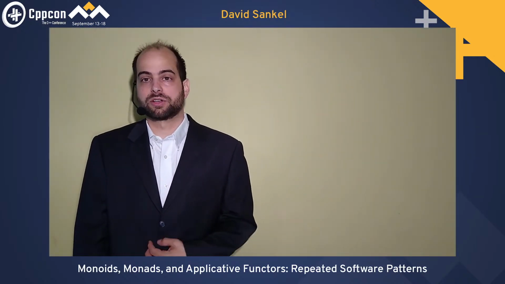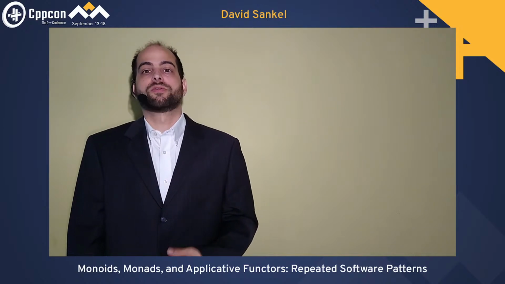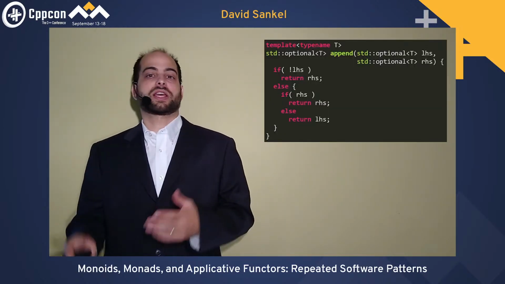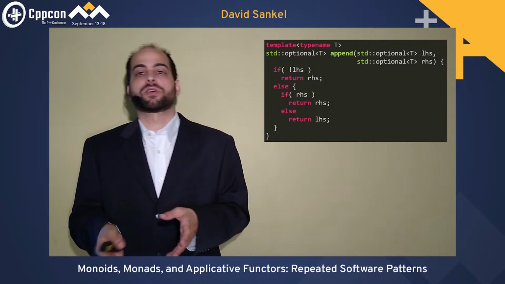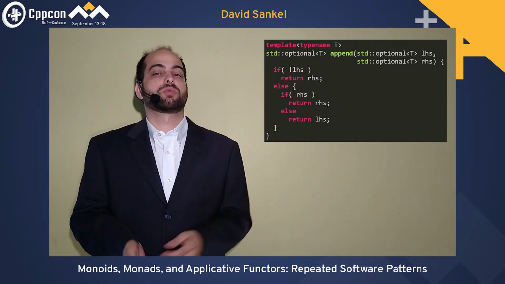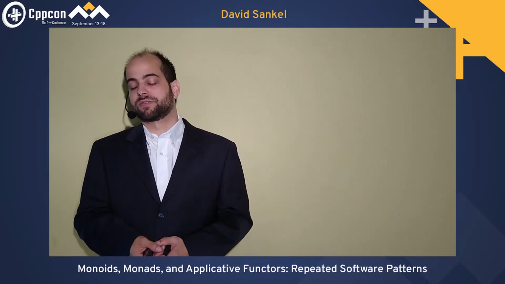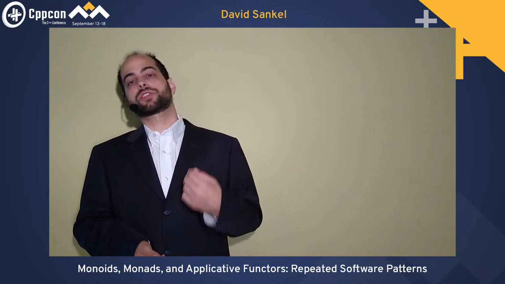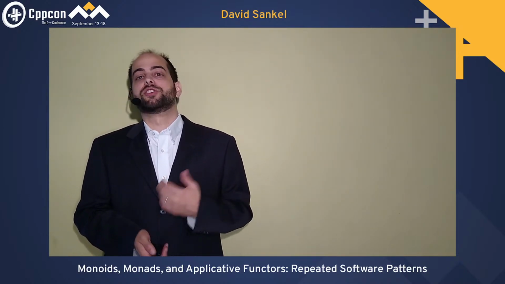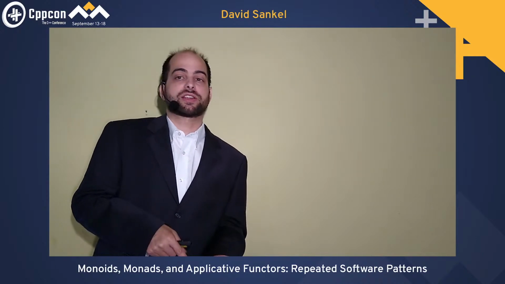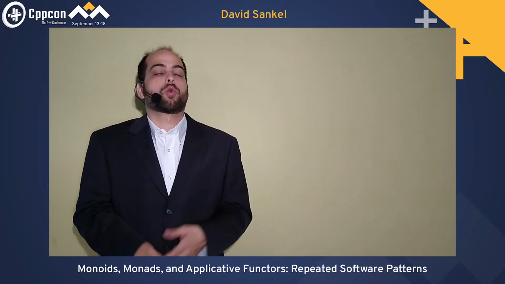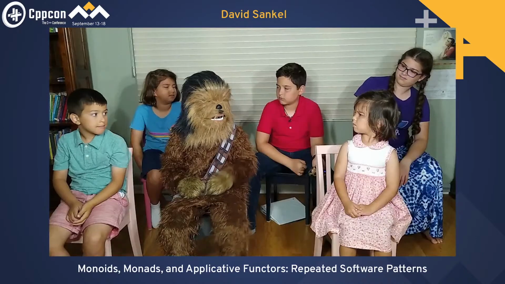Now, another std::optional monoid would be, for example, this, where you always prefer the right-hand side. That also would form a monoid. There are a few different ways of doing this, really. So here's a more complex question. Do functions returning some value form a monoid?